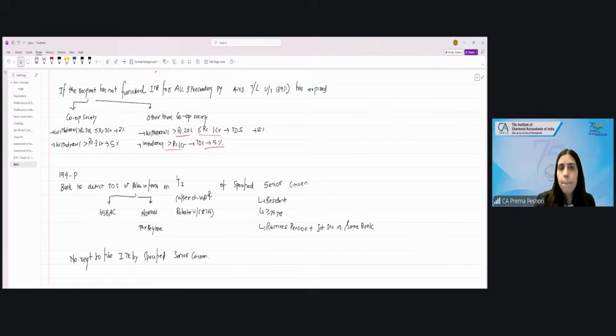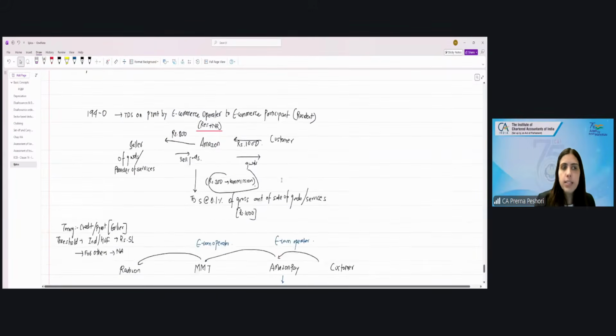Next is section 194O. What is section 194O? TDS on payment by an e-commerce operator to an e-commerce participant. Let's say a seller of goods registers on Amazon. Amazon is the e-commerce operator, which can be resident or non-resident.